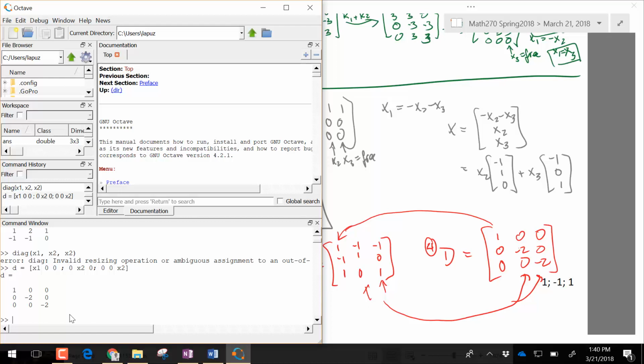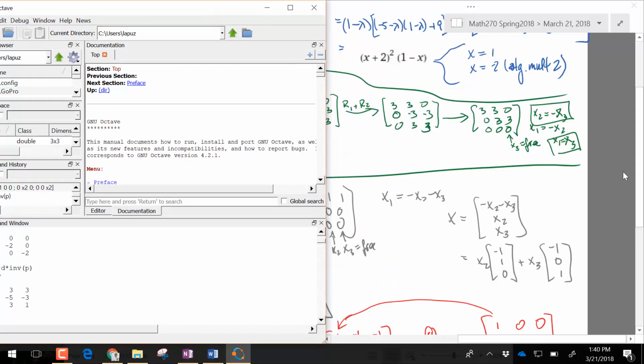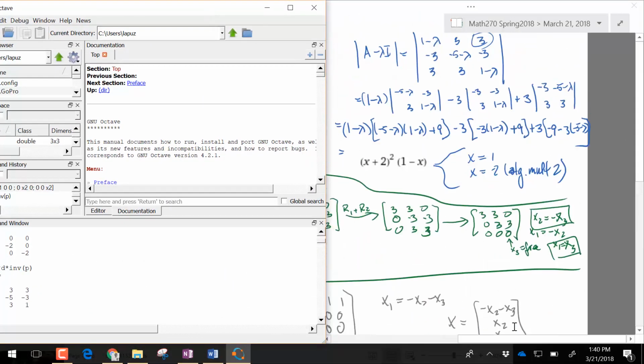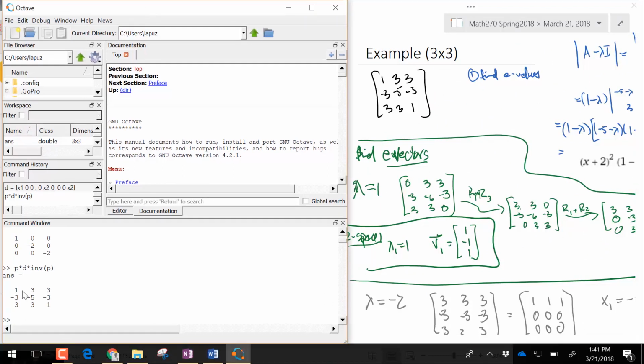And so if I multiply P times the diagonal matrix D times the inverse of P, I should get my original matrix. Is that the same? -1, 3, 3.